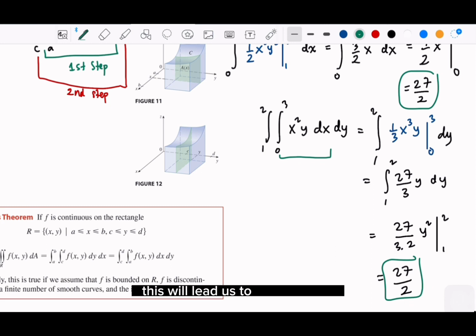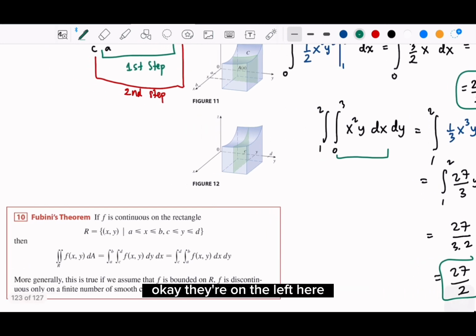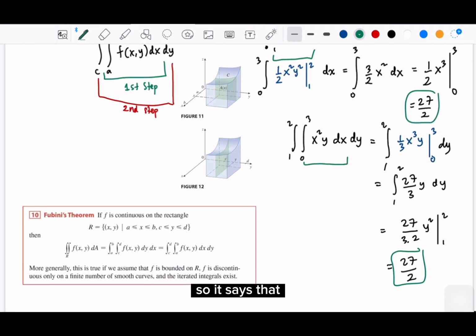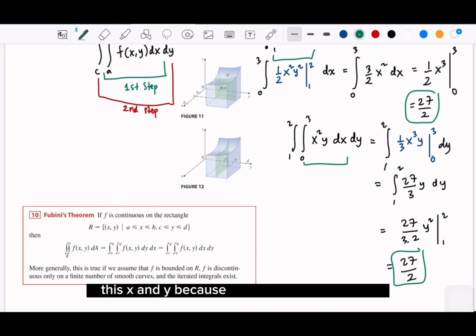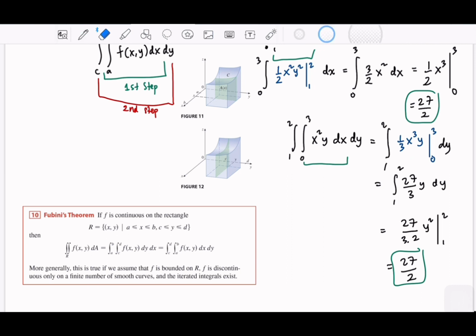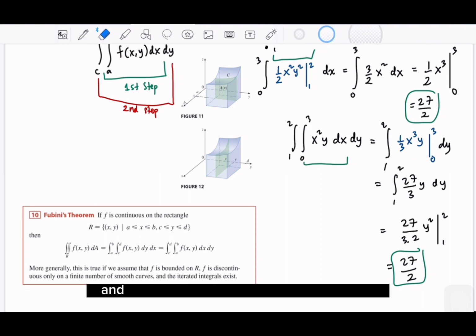This leads us to one theorem which we call the Fubini theorem, on the left here. It says that we can switch this x and y because they are the same thing, if the function is continuous and we have specific values to compute.